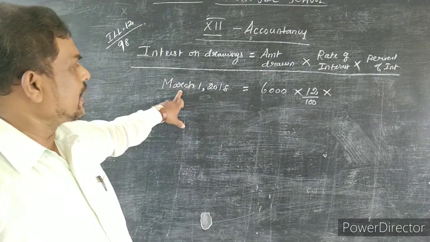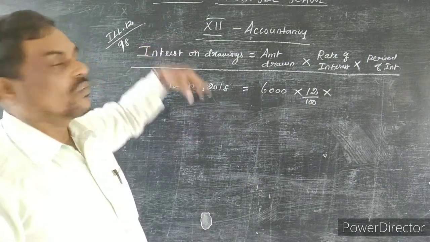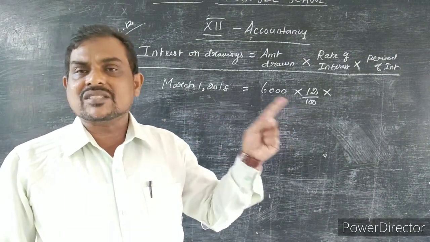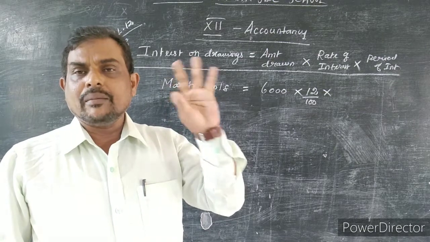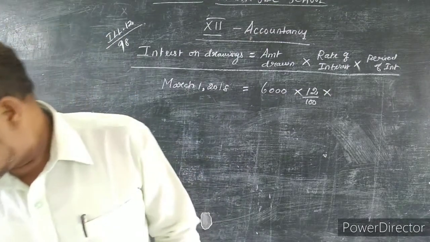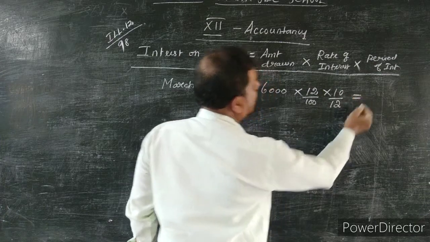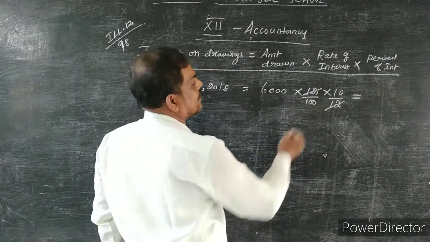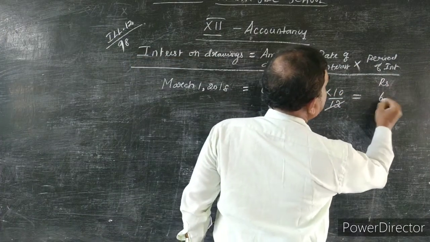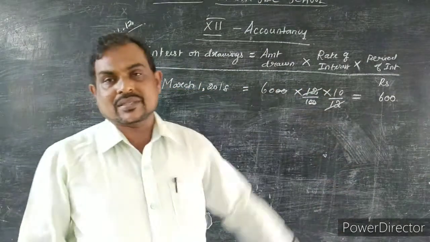We calculate the period from March 1 to 31st December: March, April, May, June, July, August, September, October, November, December. So 10 months, that is 10 divided by 12. The 12 gets cancelled, 20 will be cancelled, 60 into 10 is rupees 600. So for the first amount he has to pay 600.